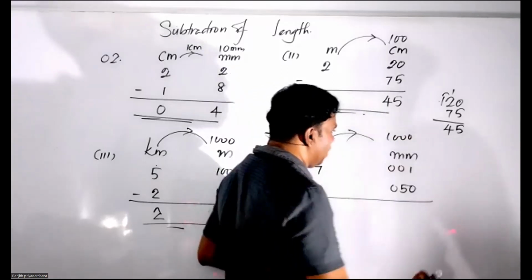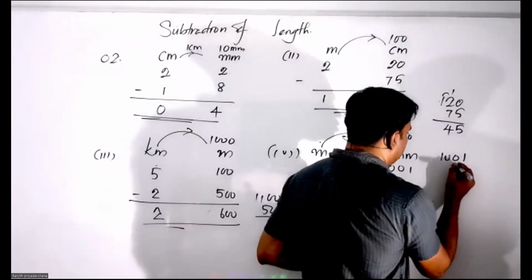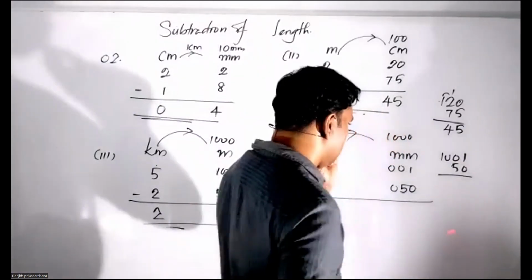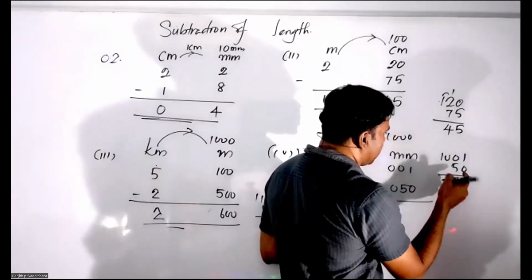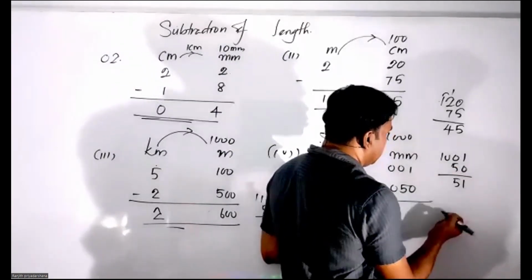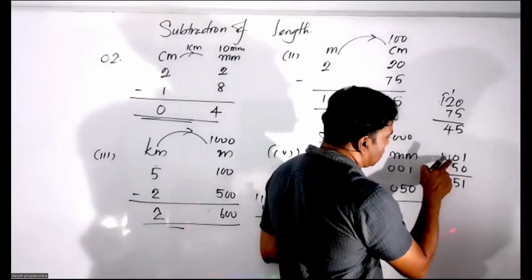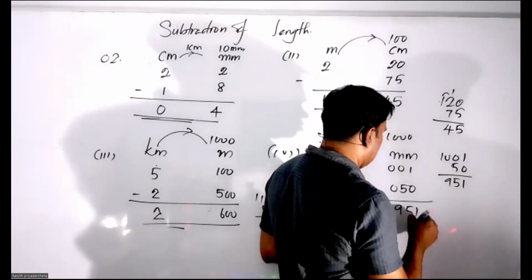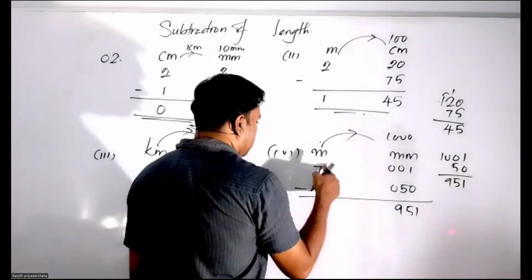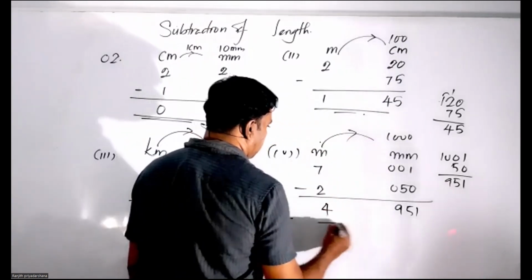That's 1001. And you subtract 50. So what comes here? 1 of 10 subtraction 5 is 5. Now here's 9. What remains here? 6. 6 subtraction 2 is 4.